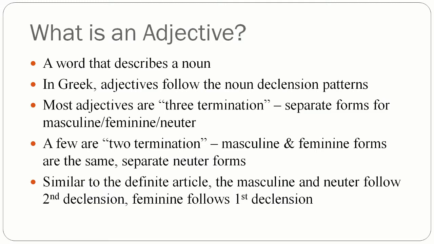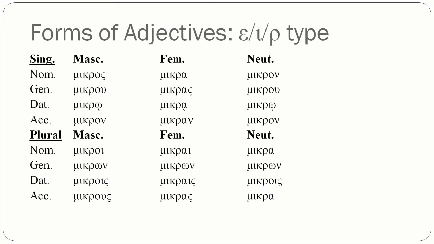The feminine forms will be the different ones, and those will follow the first declension. This is, of course, in the three termination adjectives, the ones with a separate feminine. Okay, and so that is how this will work. If you want to go back and look at the definite article and how those forms work, the adjectives will be very similar. All right, so let's get into this now.